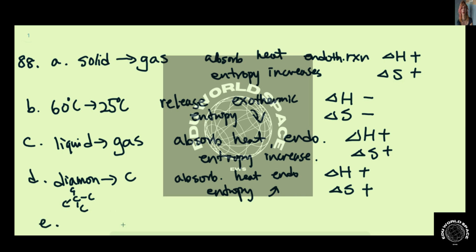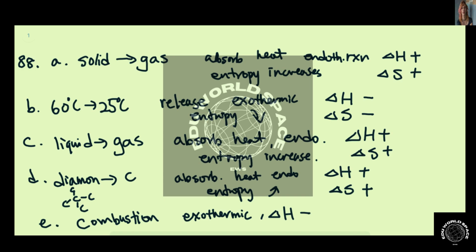Last one, E, a piece of charcoal is combusted to form water and CO2. So this is a combustion. For a combustion process, the reaction is exothermic. So exothermic means that delta H is negative.